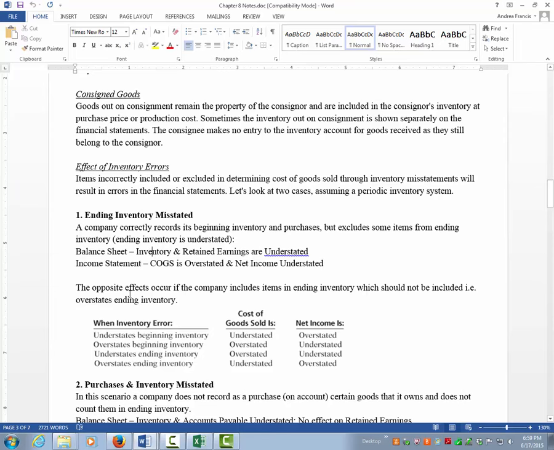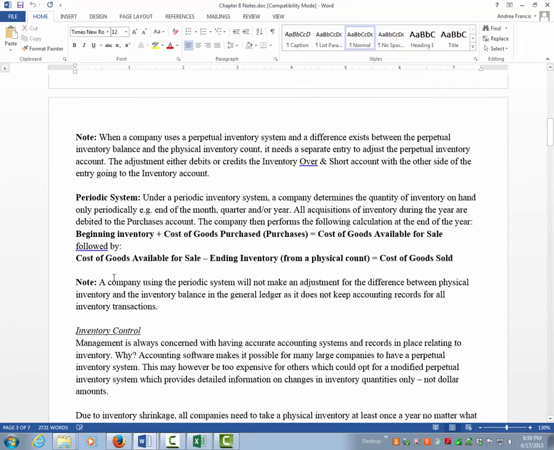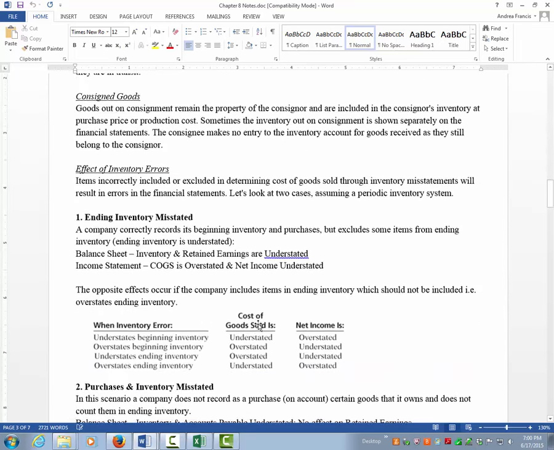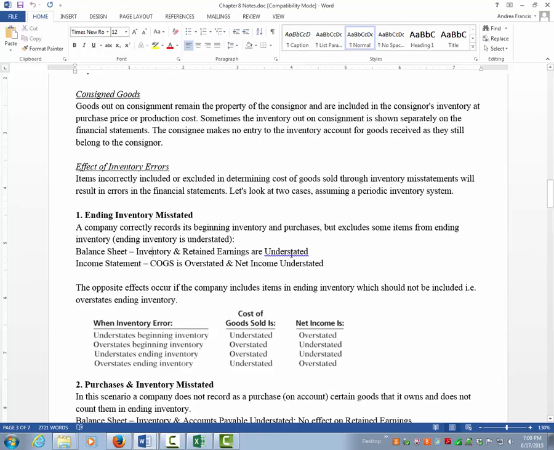And because ending inventory is subtracted from cost of goods available for sale to get to cost of goods sold, if ending inventory is too low, it means that cost of goods sold is too high, which then also means that net income will be too low, because there's an inverse relationship between cost of goods sold and net income. So again, if ending inventory is too low, our cost of goods sold will be too high and our net income will be too low, which then also results in our retained earnings being too low, because remember, net income flows into retained earnings.